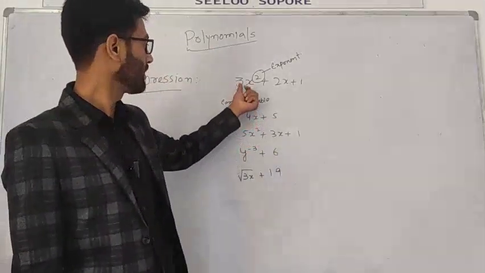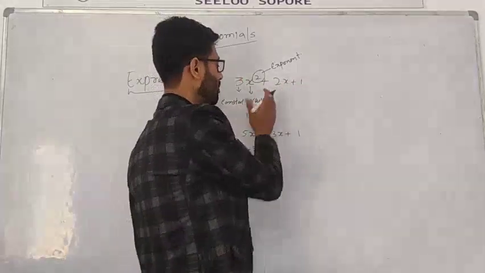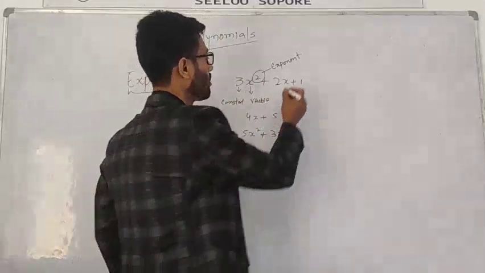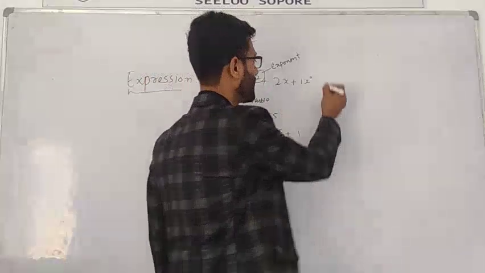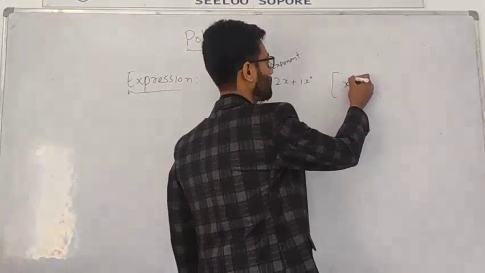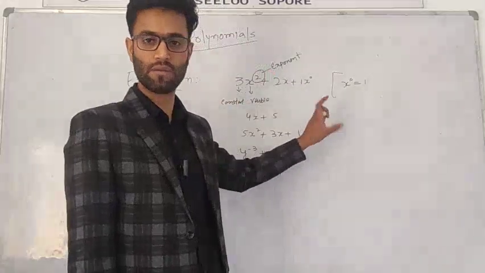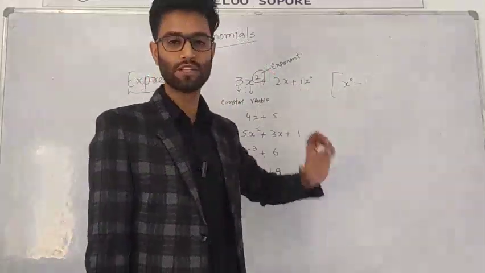We see that here 3 is a constant and x is a variable. These terms are all made up of constants and variables. So here we can also write x power 0. We know that x power 0 is equal to 1, so the value will remain the same. X power 0 is 1 and 1 into 1 is 1.